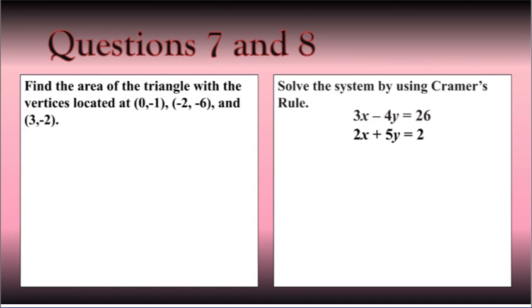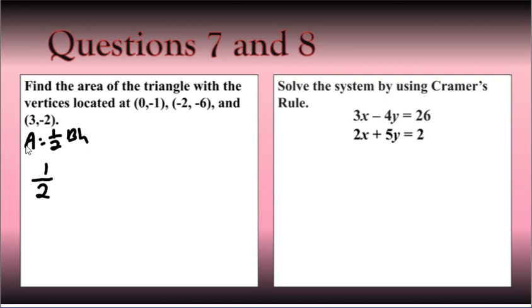Question 7. Find the area of the triangle with the vertices located at 0, negative 1, negative 2, negative 6, and 3, negative 2. So for this one, remember, area of a triangle is 1/2 times the base times the height. Now we don't know the base and the height, so we're not going to worry about that part, but we can solve this with matrices.